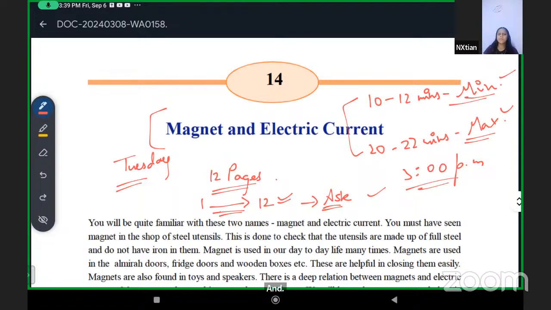How much time is the whole science presentation going to take? We will try to finish it within our normal class timing, 3 p.m. to 4:20 p.m. So we'll try to keep it in the middle of this.